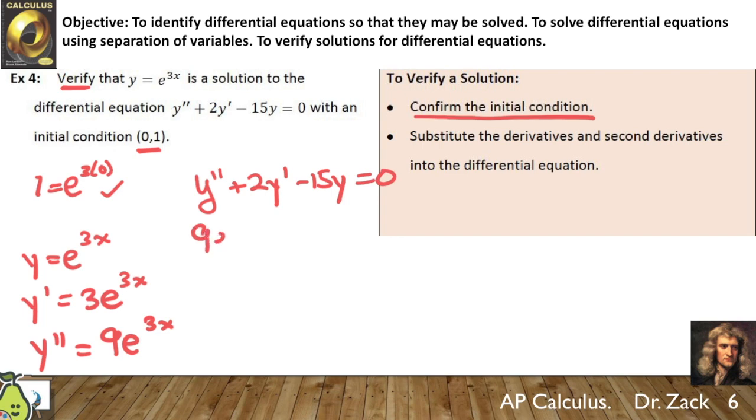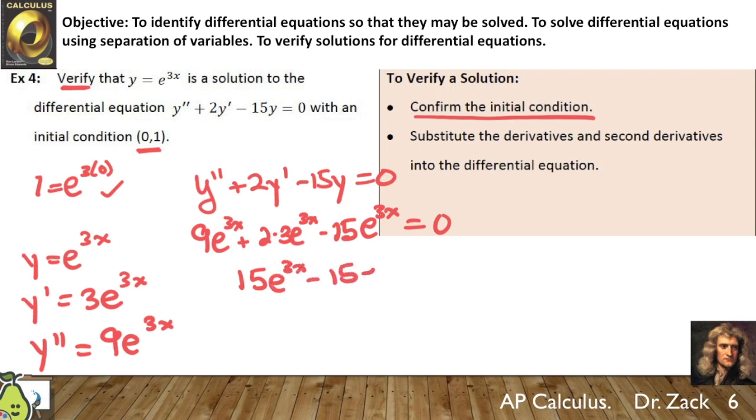Substitute, we get 9e to the 3x plus 2 times 3e to the 3x minus 15 times y, which is e to the 3x, and that has to equal 0. So we do get 15e to the 3x minus 15e to the 3x equals 0, and we can make a statement that y equals e to the 3x is a solution.